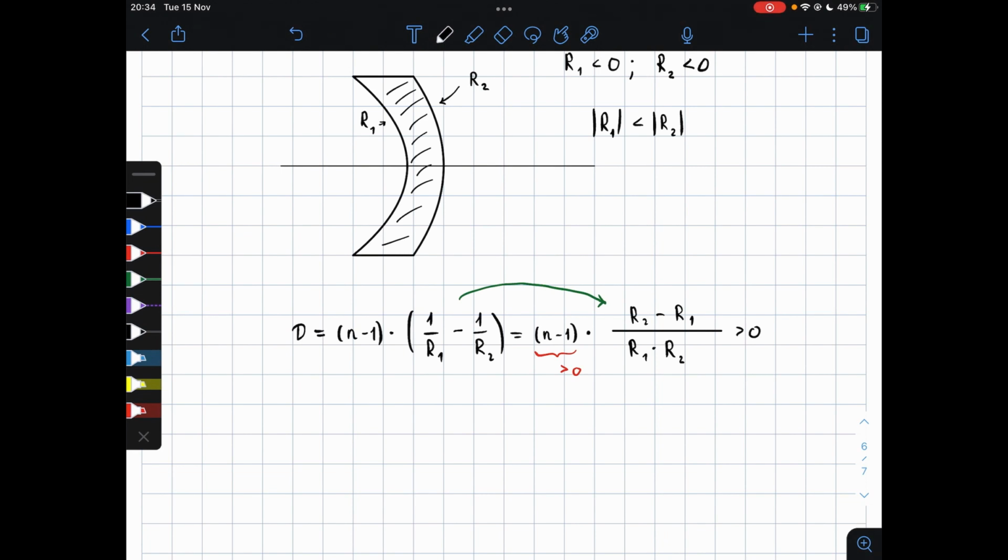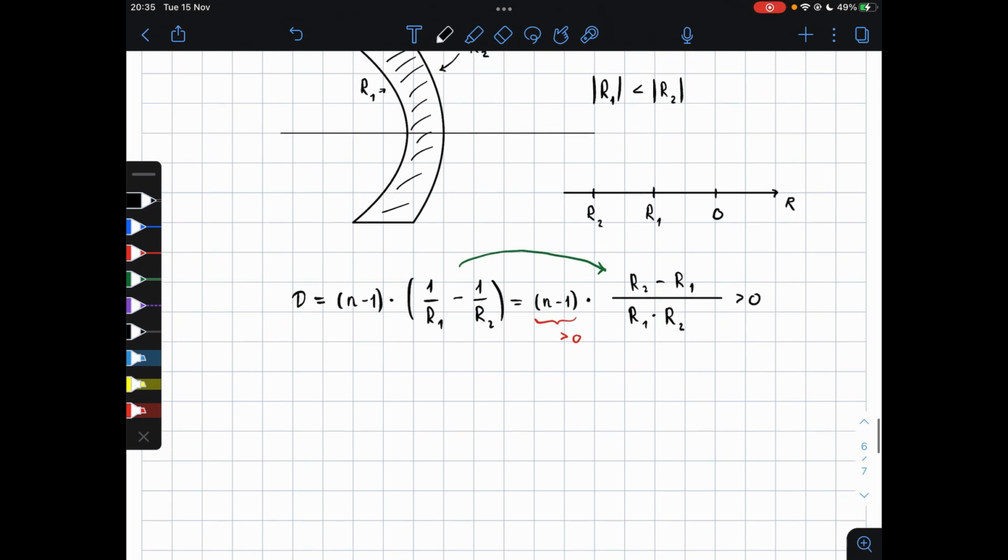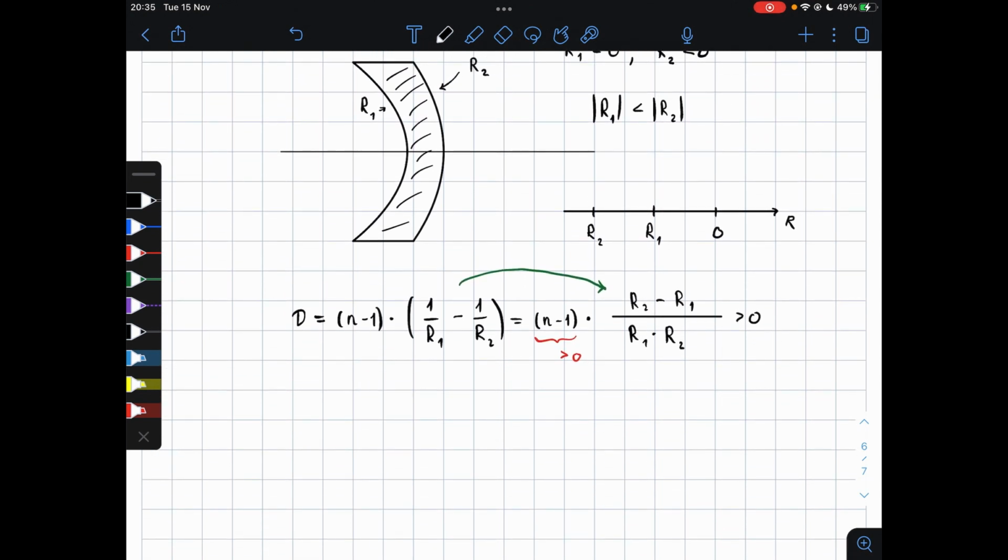So let's say we have some axis. Let's call this axis R, and for example 0 is here. It means that if the module of R2 is bigger, R2 will be somewhere here, and R1 will be between R2 and 0. So the subtraction of R1 from R2 will be a negative number. Why?